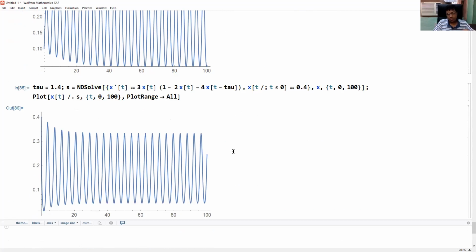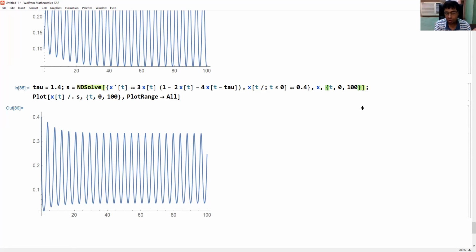These are not unbounded but not converging, so we cannot say these are asymptotically stable. Remember that if we have such solutions oscillating for all the time, bounded and periodic oscillations, then such an equilibrium is called stable but not asymptotically stable. So this x2 star equilibrium point is stable but not asymptotically stable.